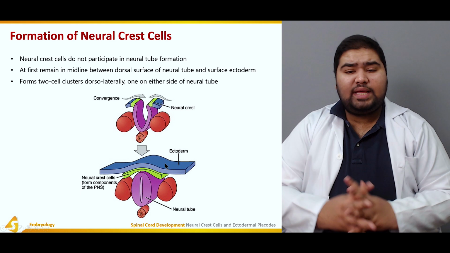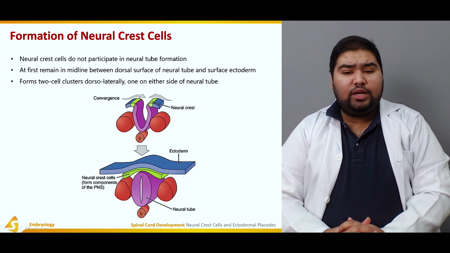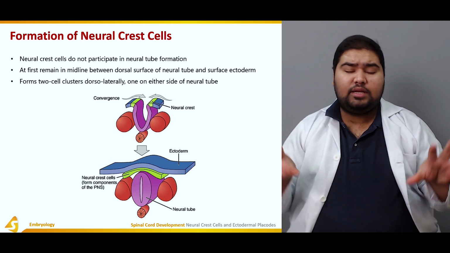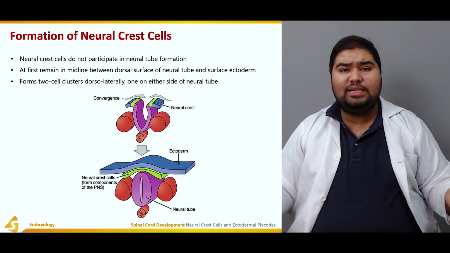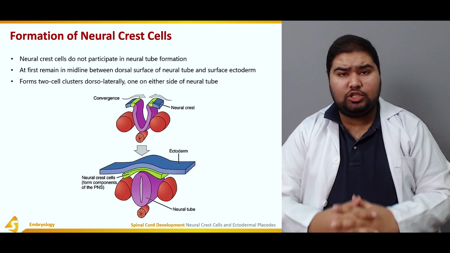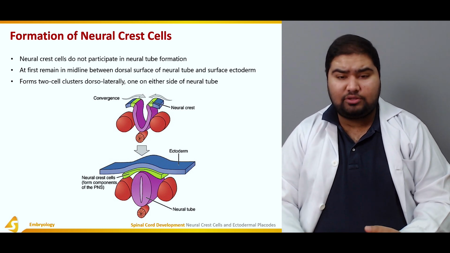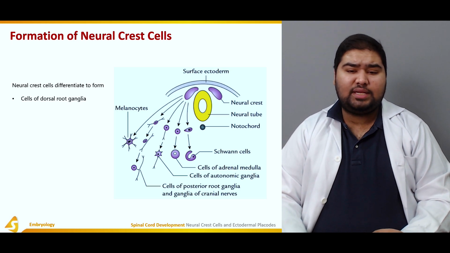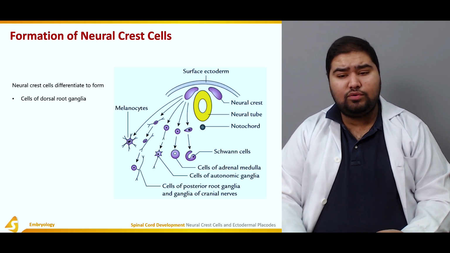Now they form two cell clusters dorsolaterally, one on either side of the neural tube. With development, these two clusters, the dorsolateral clusters, are formed on either side of the neural tube. Now the neural crest cells differentiate into cells of the dorsal root ganglia.